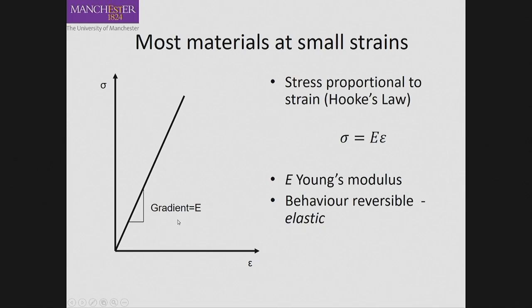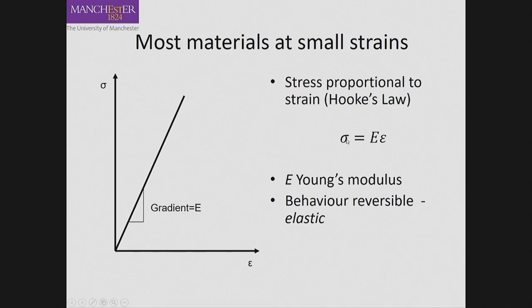So for our part, this initial part, linear elastic behavior, would be important, and the slope of that, the gradient, we call Young's modulus of elasticity, and that is often shown by the Roman letter capital E, and the small e is epsilon, the Greek letter epsilon, for strain.